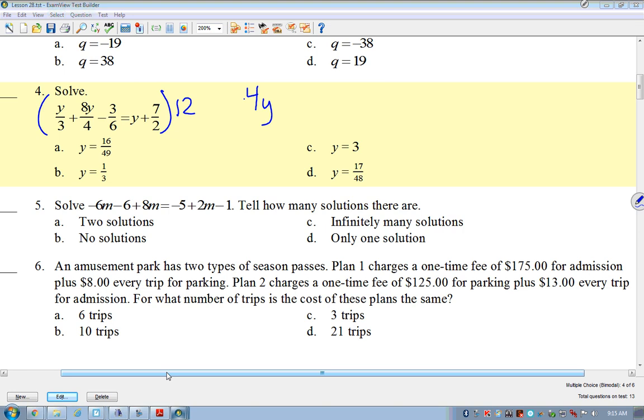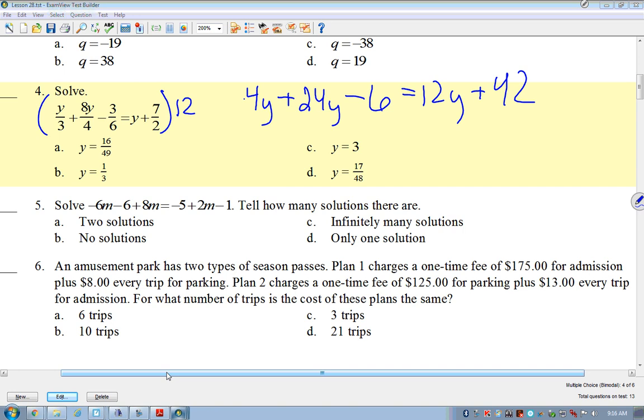What's 96 divided by 4? 24. So that's 24y, correct? All right, what's 12 times 3? 36. What's 36 divided by 6? So that's just minus 6, right? Equals 12y. And what's 12 times 7? 84. 84 divided by 2? 42. Okay.